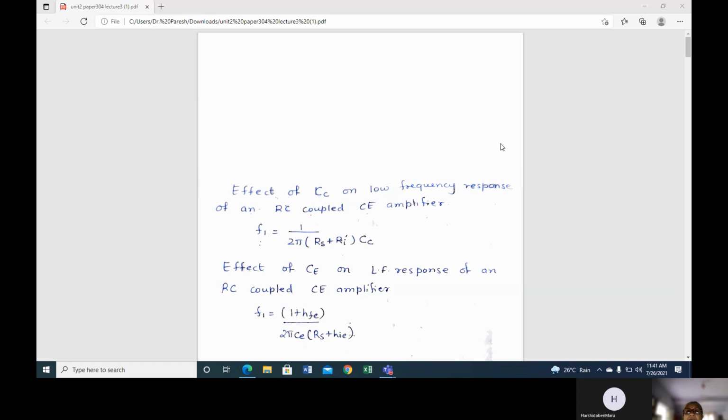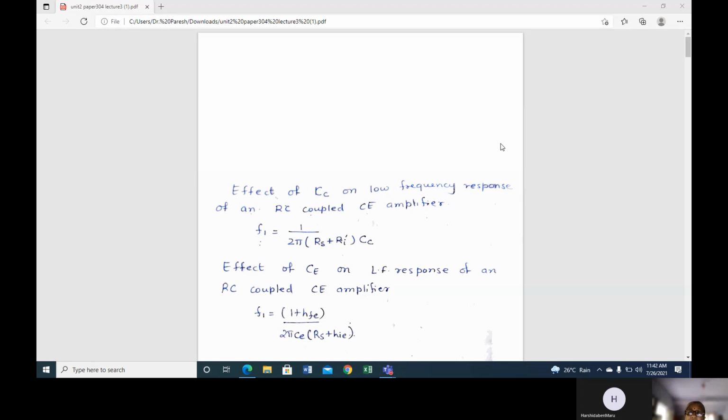So there is a decrease in gain in the low frequency portion of the frequency response graph, and a decrease in gain in the high frequency portion of the graph. The reason for the decrease in the gain in the low frequencies is the capacitors which are joined in the RC coupled circuit.